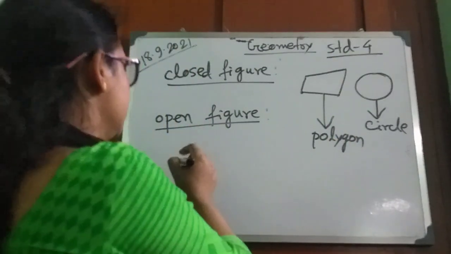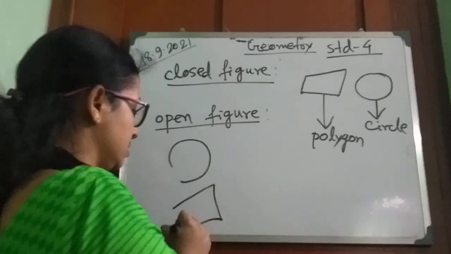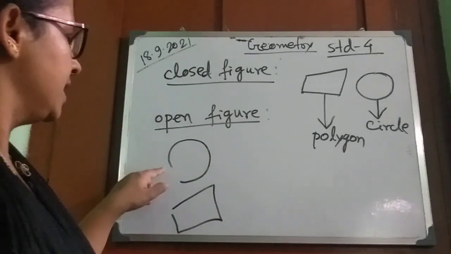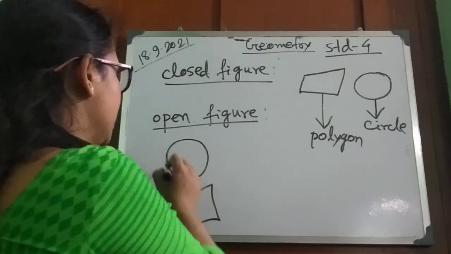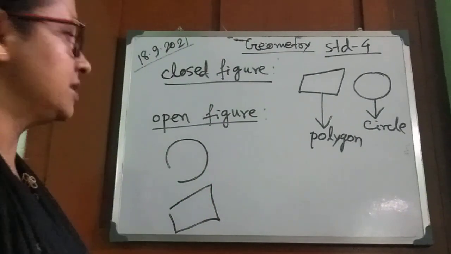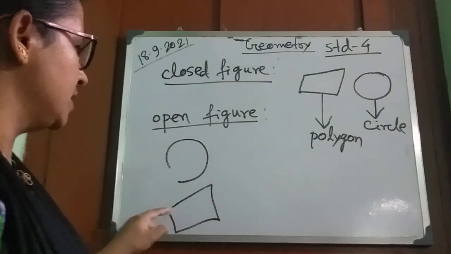And open figure, this is an open figure. This is one open figure. See, this is the initial point and this is the final point. They have not met at one point. That's why it is open. Here also they have not met at one point.